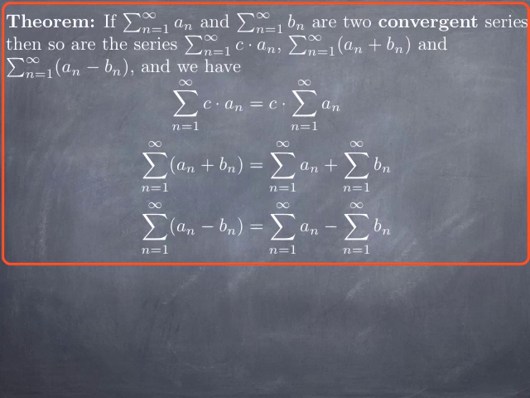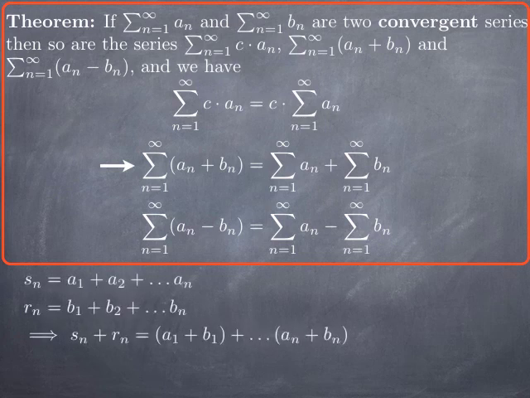And the sum of AN minus BN is the sum of the ANs minus the sum of the BNs. All this is very natural, and it is easily proved if you write out what it is that we are stating. So let me just explain a little bit what's going on with this particular one. A series of a sum is the sum of the series, assuming that all the series are convergent.